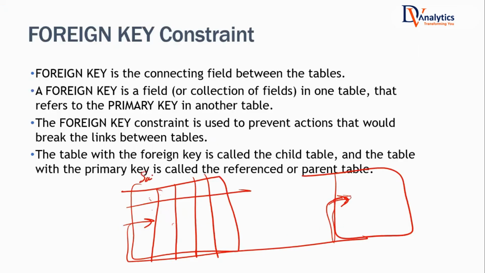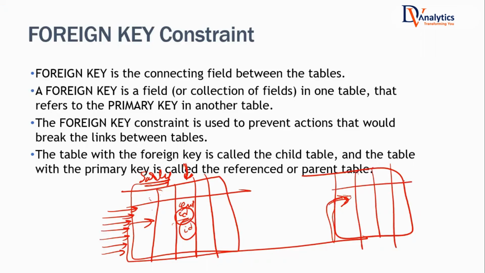Let us suppose you are taking salary details. In salary details, the salary ID is the primary key. You are giving the salary to employees. Employee ID is here. The employee ID in this table is a primary key in some other table. Which table? In the employee table, that's a primary key.